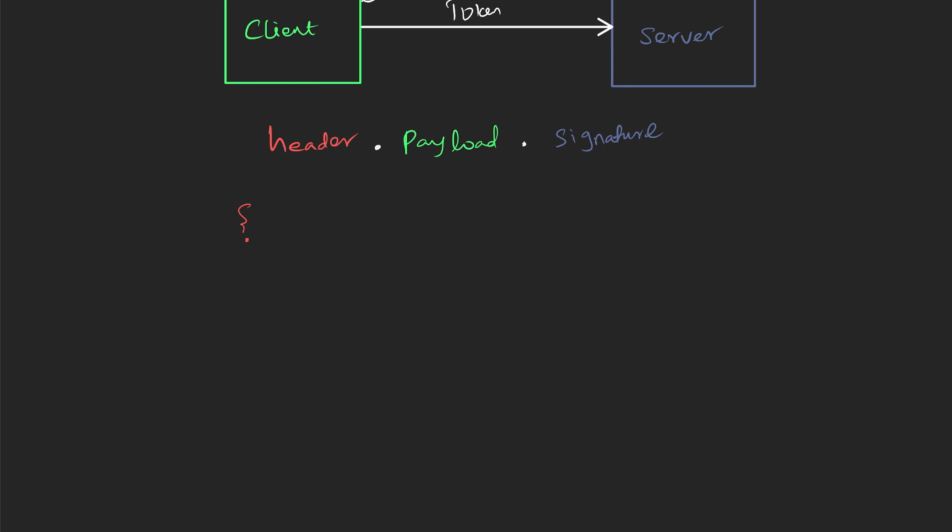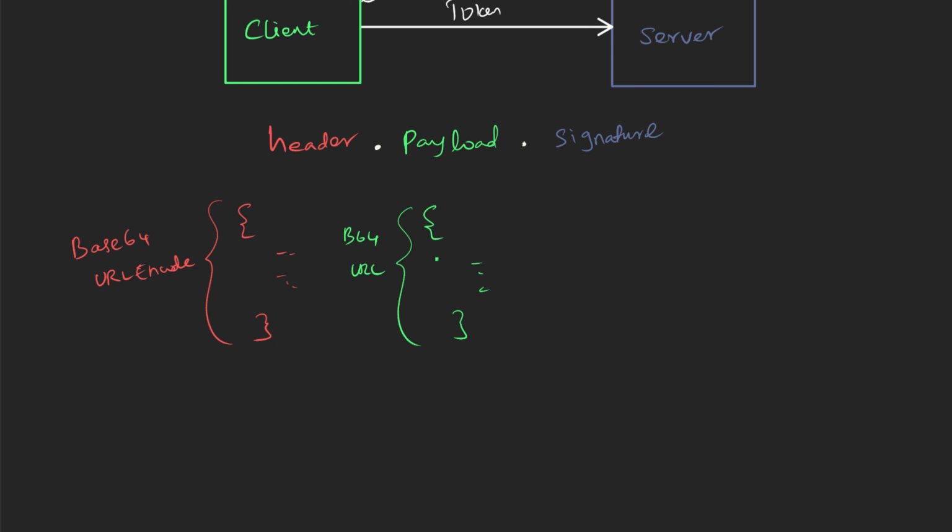So we'll have a JSON with some key value pairs here, and we take this and base64 encode it. When we do this, we get the base64 version of this particular header. And we do the same with the payload as well. Our payload has some key value pairs as a JSON message. We take that, do base64 URL encoding, and we get another base64 string, right?